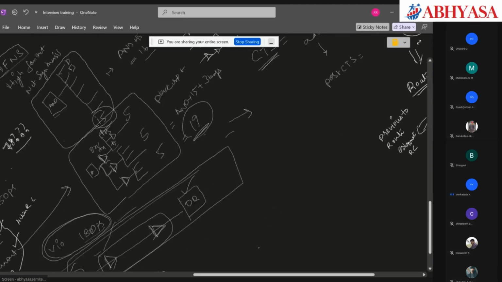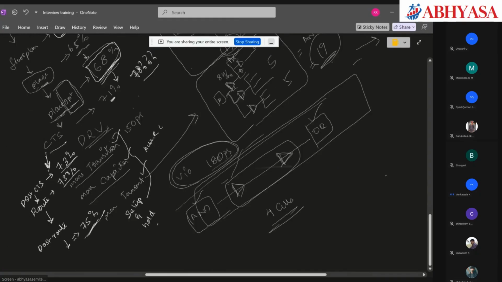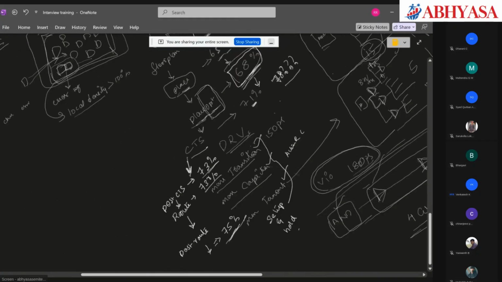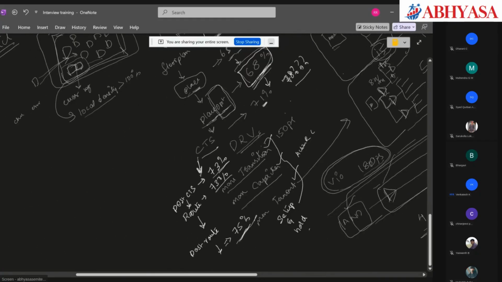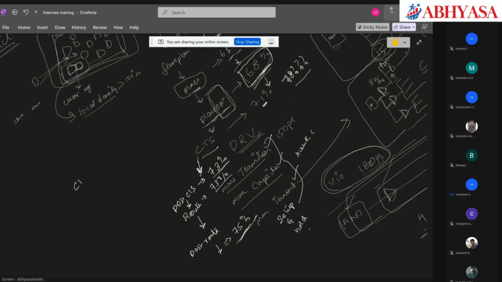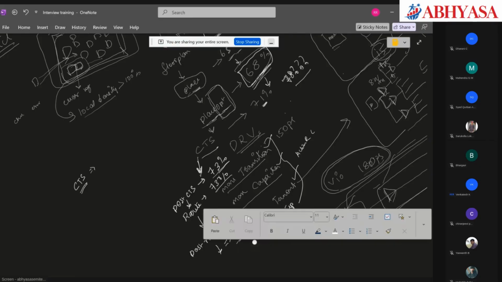Okay, what factors will the building of the clock tree depend on? In CTS, we will give some inputs, right? Yes, sir. What are the inputs that we will give? Clock spec file. Clock spec, correct. In clock spec, what will we give as inputs?